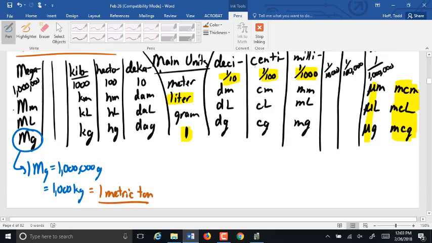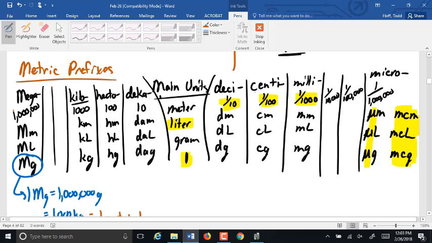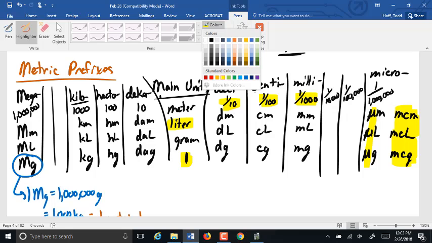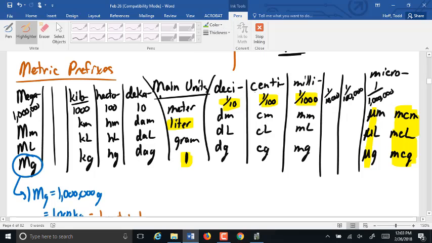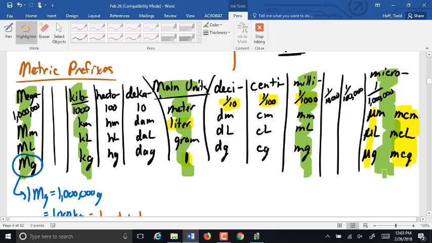Also, you may have noticed that in here there are a lot of units that you're not terribly used to. And there's a good reason for that. They just don't get used. In most cases, we tend to use the main unit. We tend to use milli, kilo, and then, of course, mega for some really big things, not very often even, and micro for some really small things.